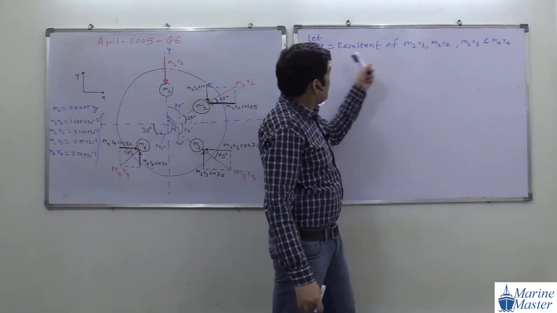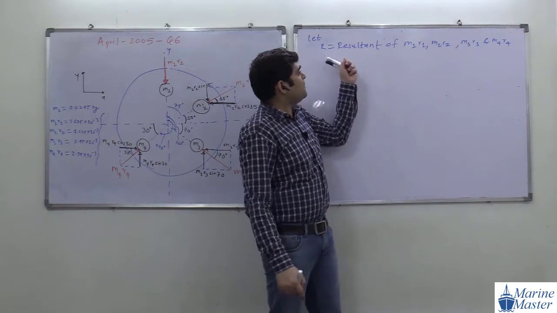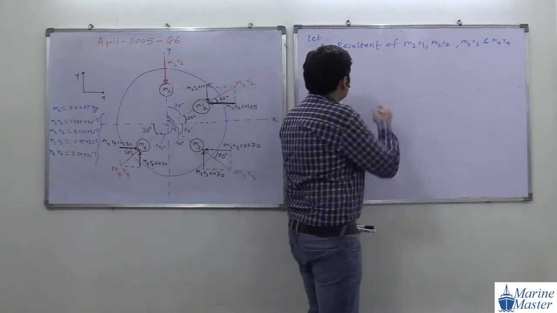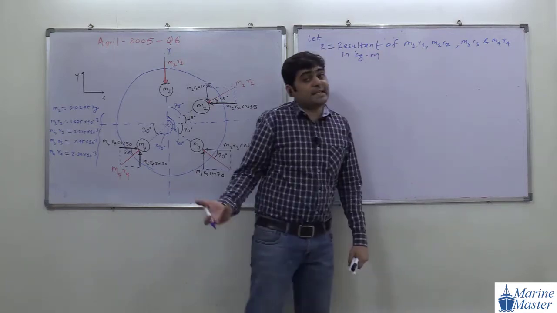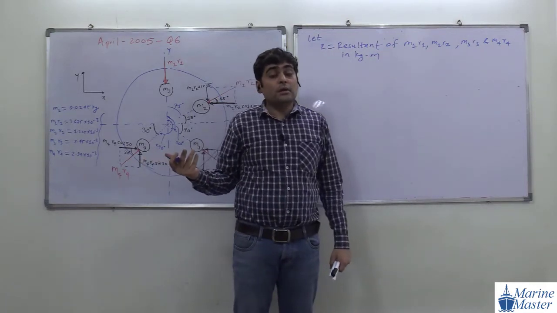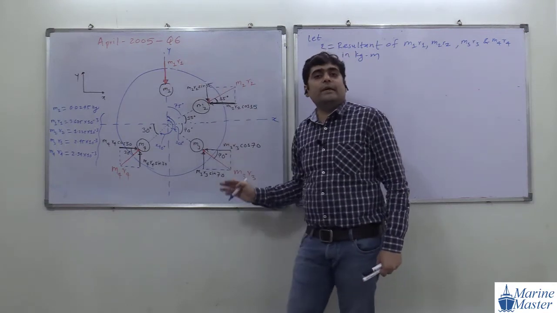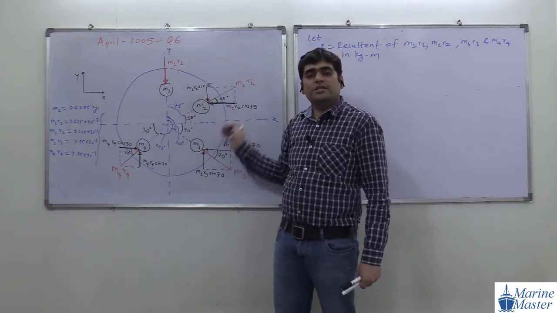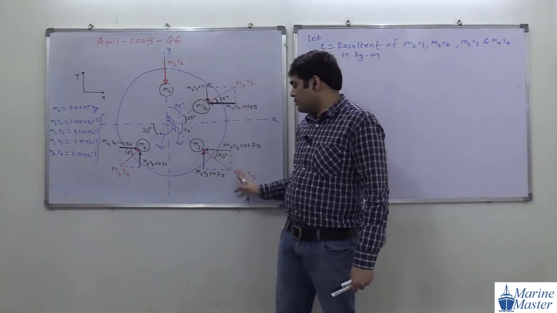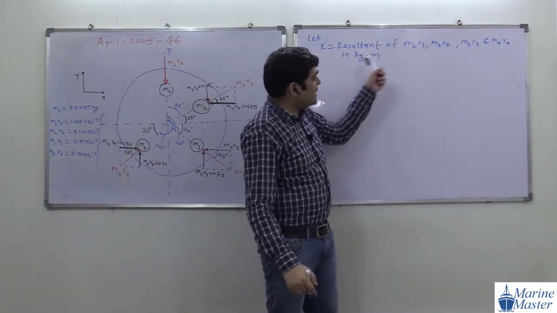So these 4 forces will create an unbalance, and that unbalance will be R, and its unit is kg meter. Now you may say, sir, it is a force, but why is it not in Newton? Because here we omitted omega from each and every term, to make the calculation simple. So that's why it is in kg meter.